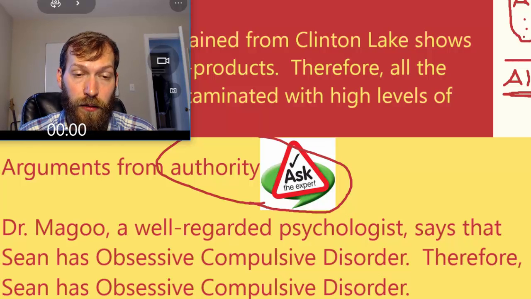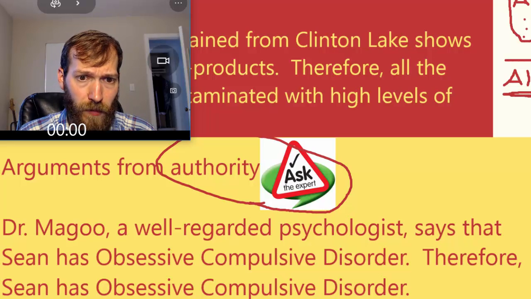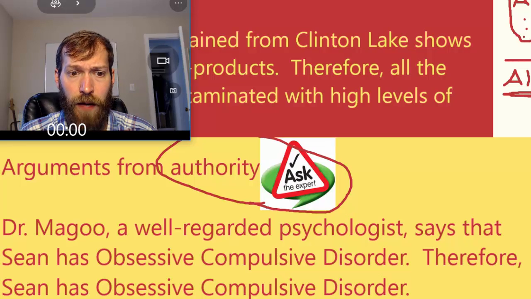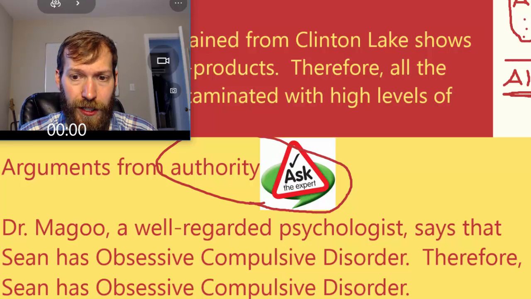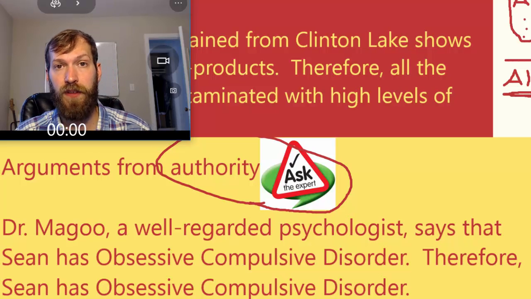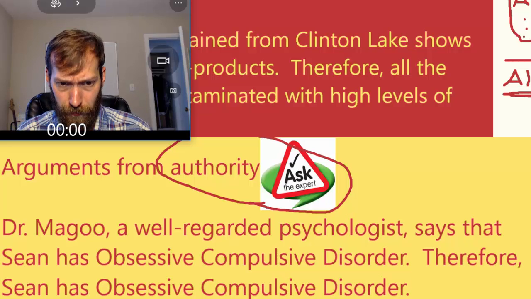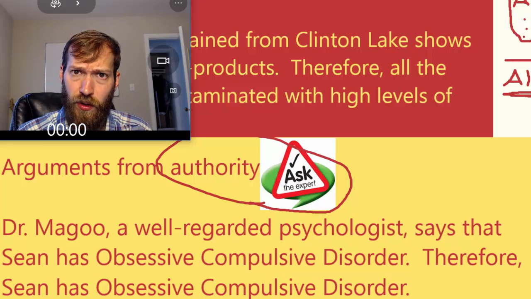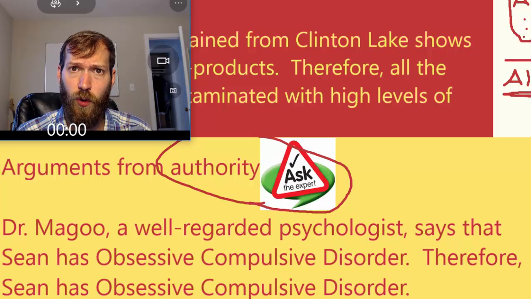So an example of a good, strong argument that's an argument from an authority, we have Dr. Magoo, a well-regarded psychologist, suggests that Sean has obsessive-compulsive disorder. Therefore, Sean has obsessive-compulsive disorder. Well, obsessive-compulsive disorder is the kind of thing that psychologists are aware of.